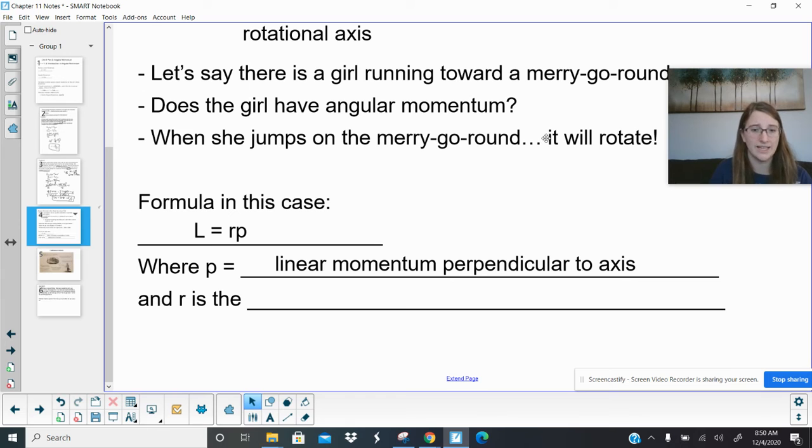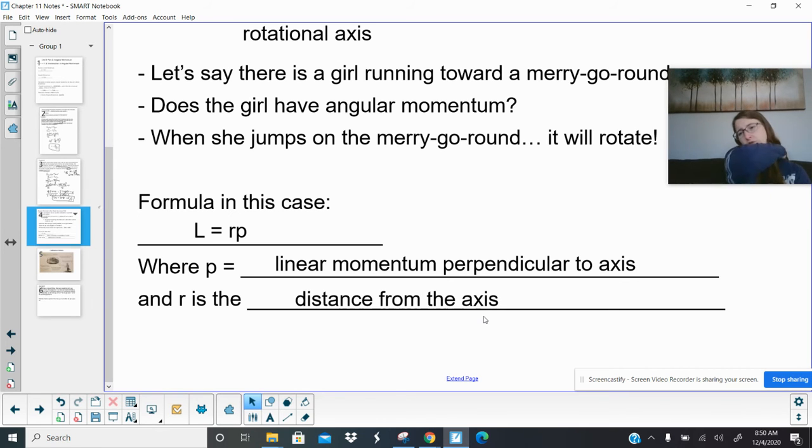And again, we'll talk about that in just a bit. We just had to keep in mind, with rotating objects, we are always looking at what is a force, or in this case, an object, perpendicular to the axis. You may have to do trig if it is not coming exactly perpendicular. And we know R being the distance from the axis.